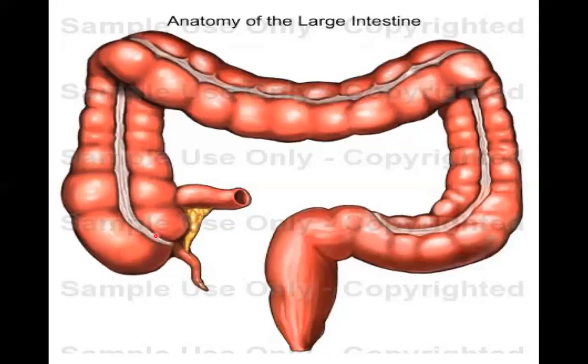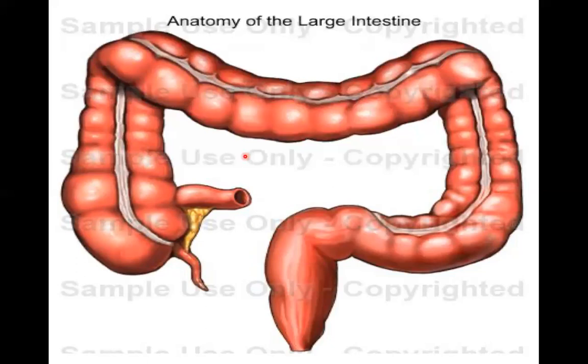The appendix is covered by peritoneum, having its own fold called the mesoappendix. The transverse colon has its own fold of peritoneum called the transverse mesocolon, and the sigmoid part also has its own fold called the sigmoid mesocolon.